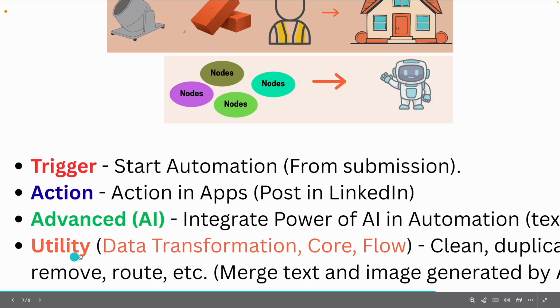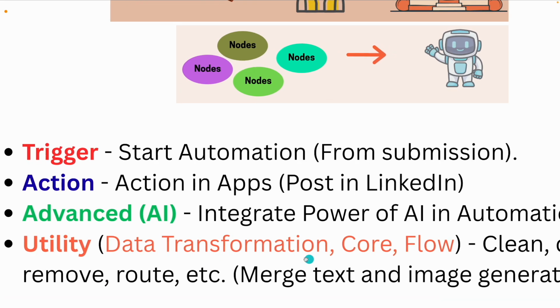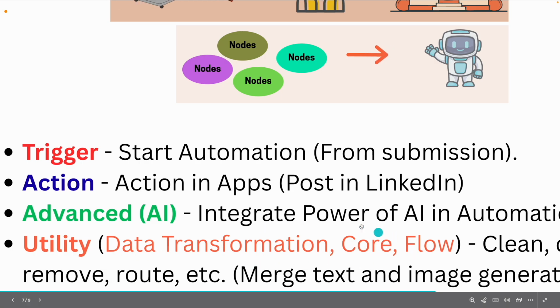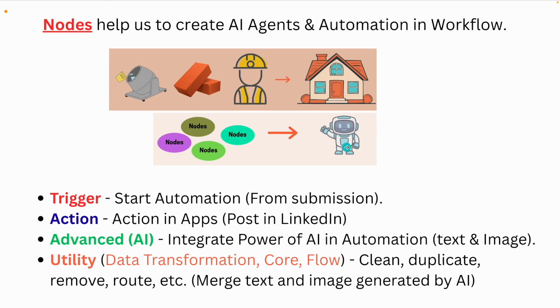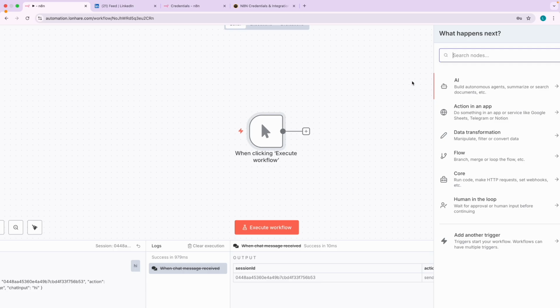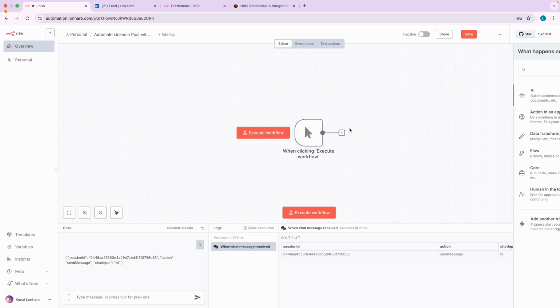But just understand, whenever you want to play with the data, you will always use utility, which is the combination of data transformation, core, and flow. So this is all I wanted to teach you about this.